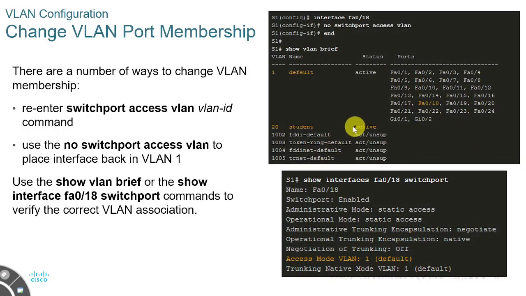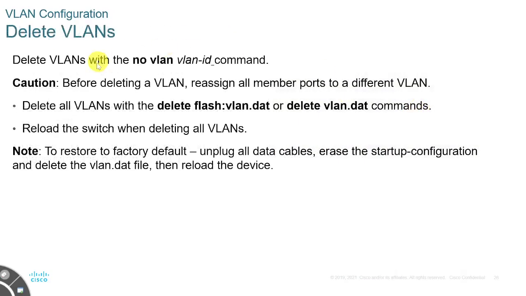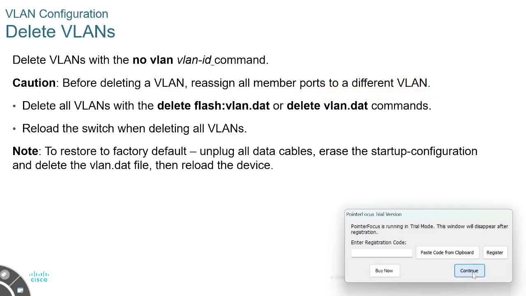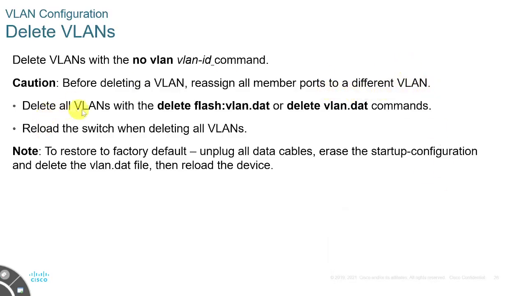We removed the port from this VLAN and assigned it to VLAN 1, the default case. So before deleting a VLAN, reassign all member ports to a different VLAN. Okay. Then delete all VLANs with delete flash:vlan.dat or delete vlan.dat. You can delete the VLAN using this command. Then you have to reload the switch after deleting the VLANs.